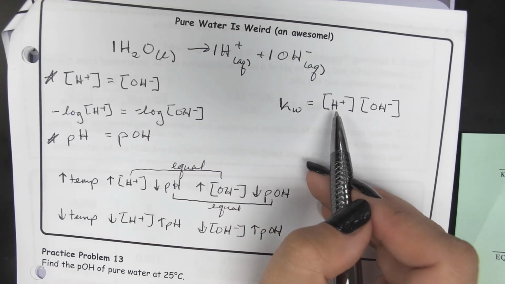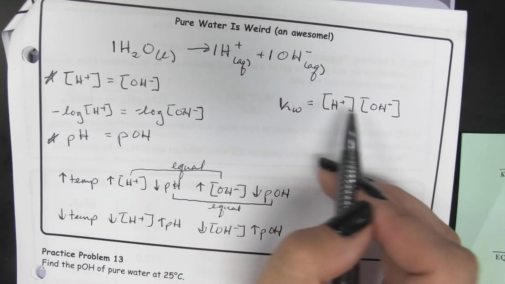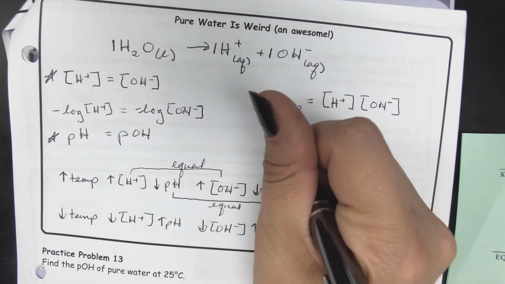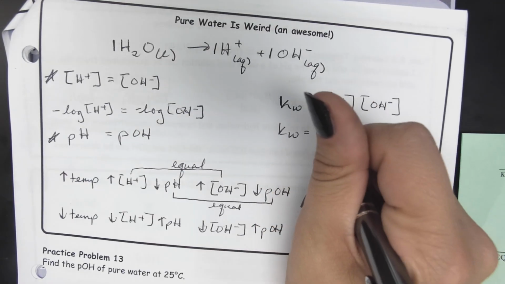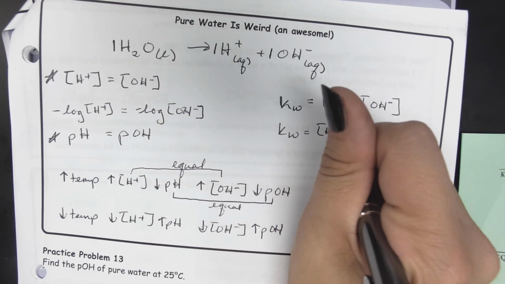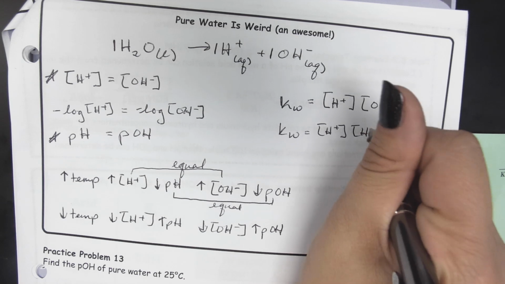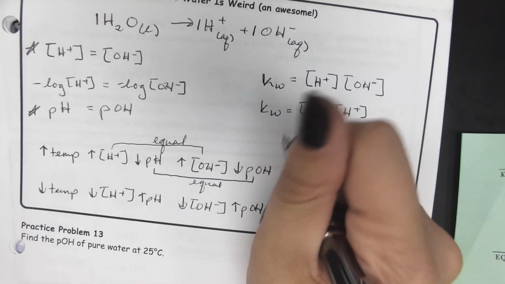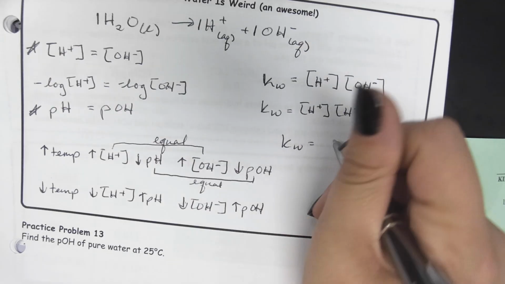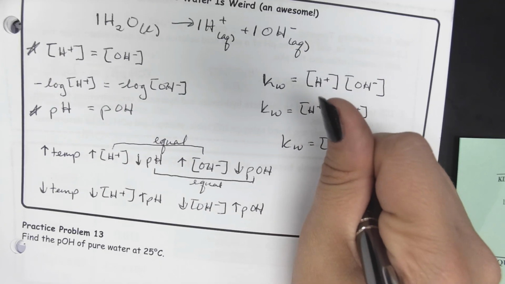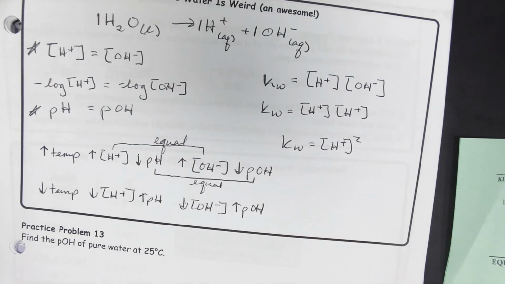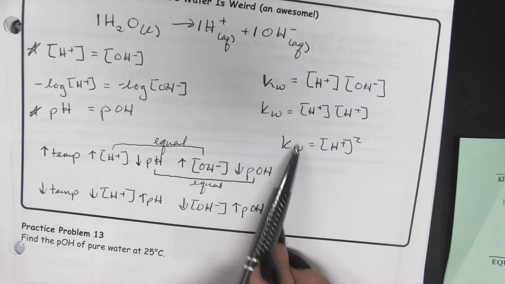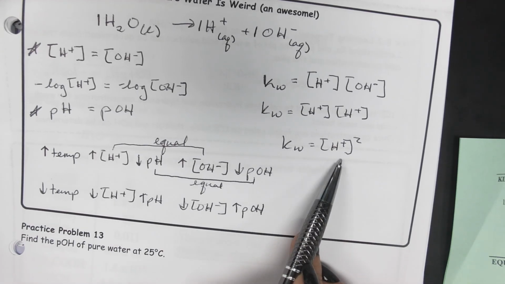But wait, isn't H plus and OH minus, they equal each other. So couldn't I write this as KW is equal to H plus multiplied by H plus? And isn't that the same as KW equals the concentration of H plus squared? So let's say you're given KW, how would we figure out the concentration of H plus?